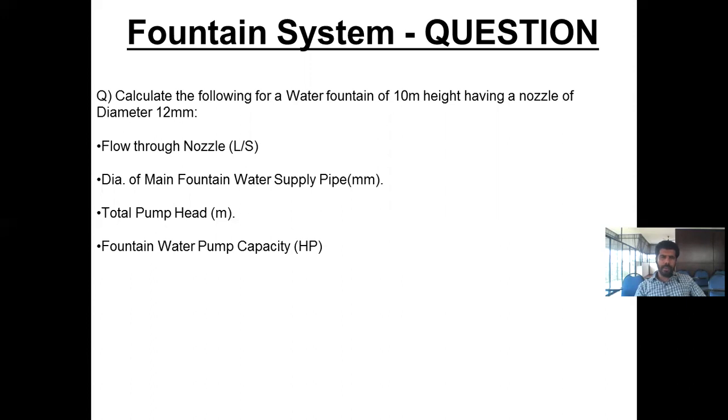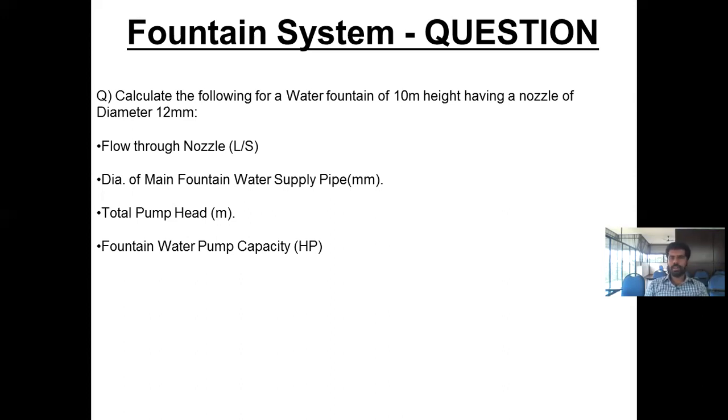Now, coming to the question, there are two or three formulas. If you know the formulas, you will be able to solve this question. The question is to calculate the following for a water fountain of 10-meter height having a nozzle of diameter 12 mm. And we have to find the flow through the nozzle.